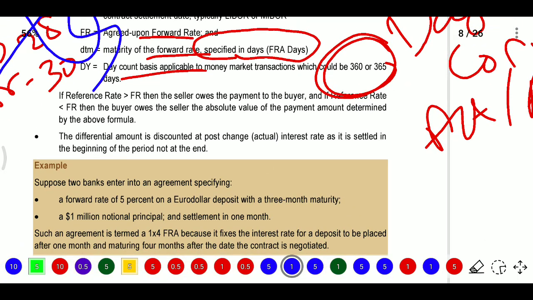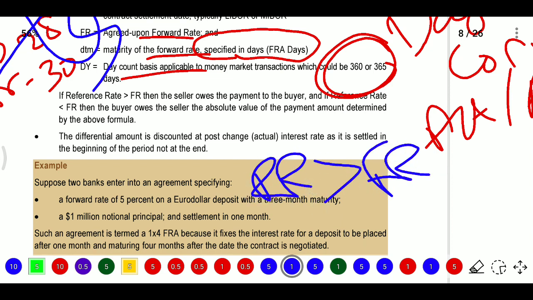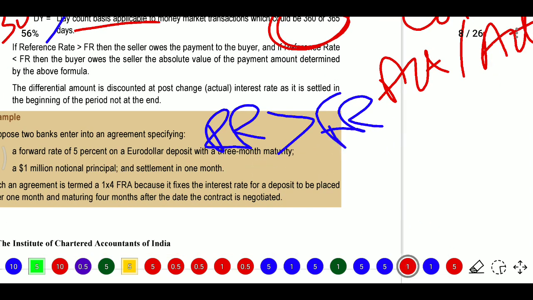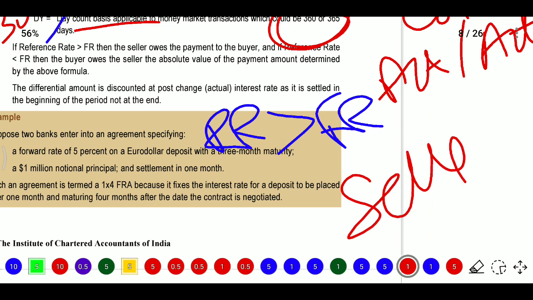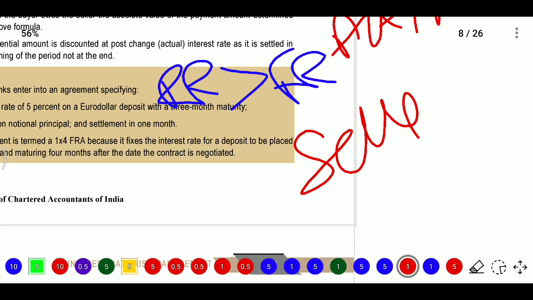Here the reference rate is the RR rate. If the reference rate is greater than the FR rate, then the seller owes the payment to the buyer. So here the seller needs to pay the buyer.